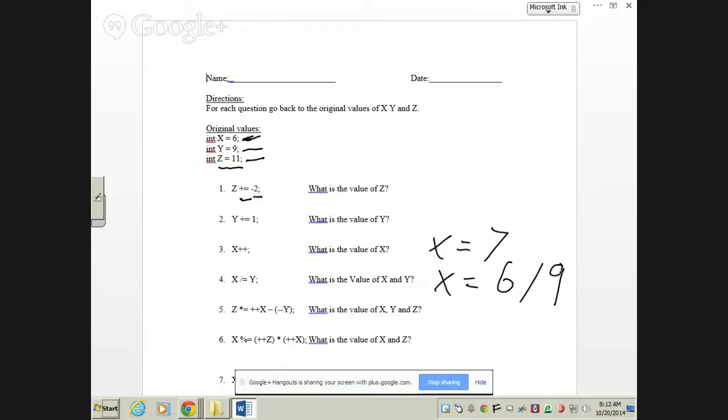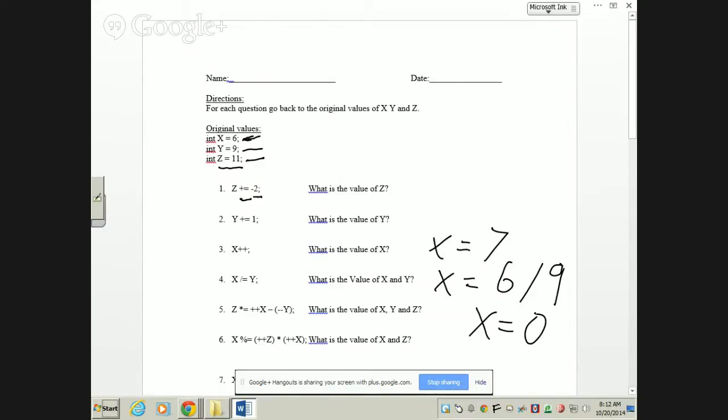Let me ask it this way. How many times does 9 go into 6? 0. It goes in 0 times when we're talking about integer division. So the correct answer for number 4 is x equals 0.